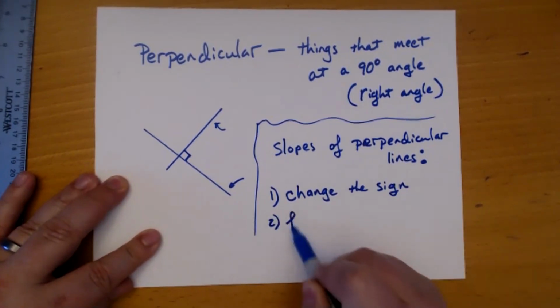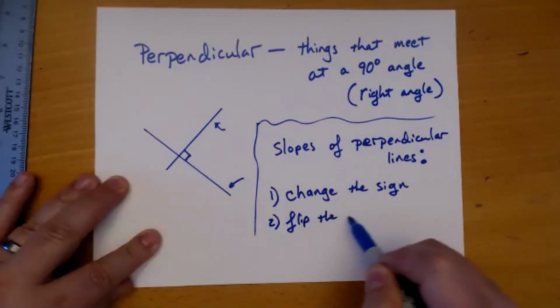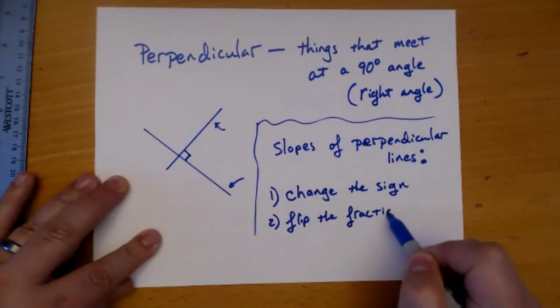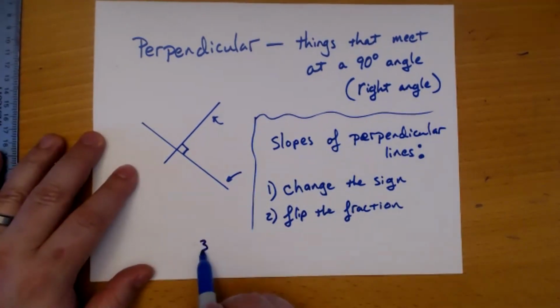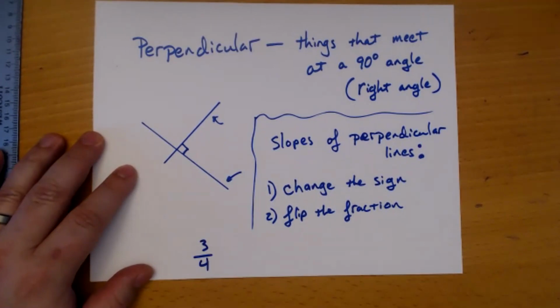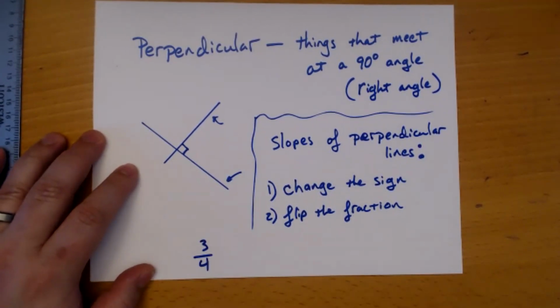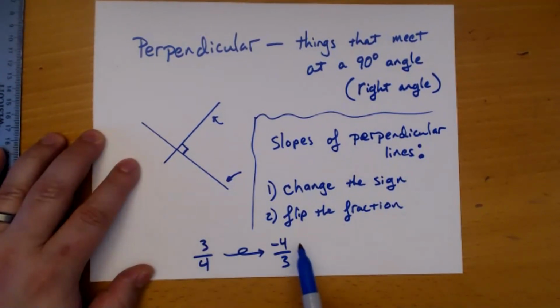And two, you flip the fraction. So if I had a slope that was like 3 over 4, and I wanted the perpendicular slope, negative 4 over 3. You make it from positive to negative. This is a positive fraction, so we make it a negative fraction. And we take the fraction and flip it upside down.